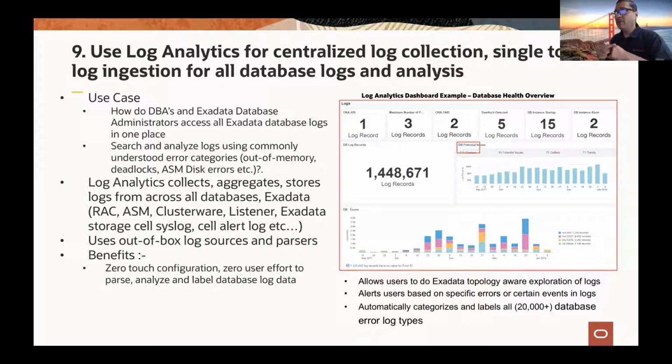For example, out of memory, deadlocks or ASM disk errors. Because as long as we get a proactive analysis and notification, rather than spending time doing all the collection and analysis, if it happens automatically across the fleet of databases, including your application, that will benefit you more to get better performance.